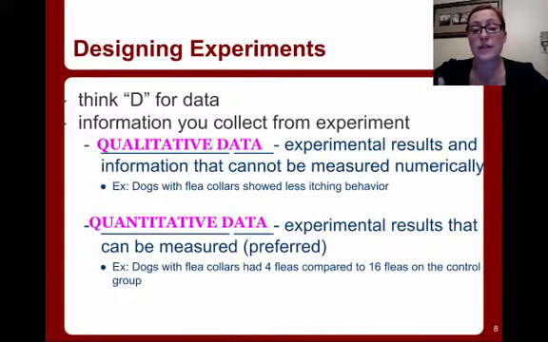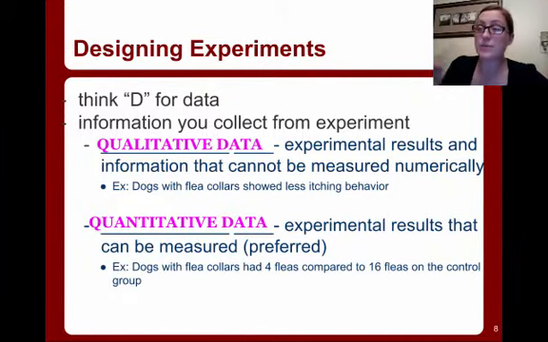These are results and data that we can't measure numerically, but may still be valuable. For example, we could measure how the dogs demonstrated itching behavior. Is that something you can put a number to? No, not really. The other thing is it tends to be much more subjective, which means it's open to opinion.